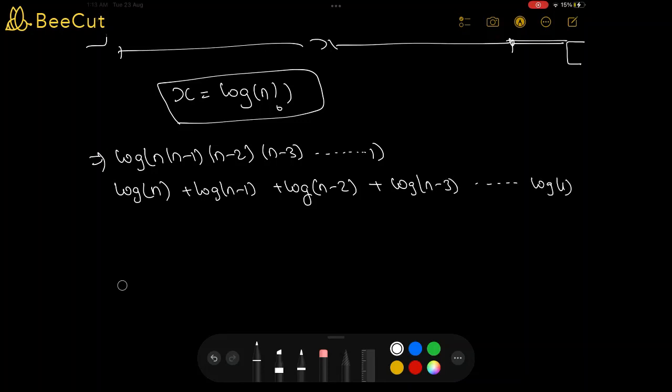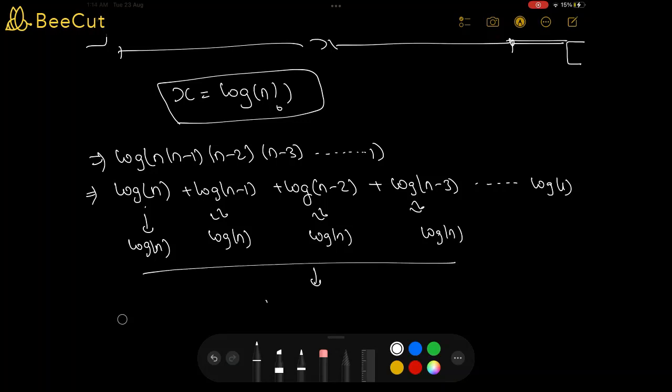If you see, there are n logs here, and all of them are asymptotically equal to log of n only. This is also equal to log of n, this is also equal to log of n, and this guy is also equal to log of n. So the total time complexity is n log of n. That means the total steps are n log of n.